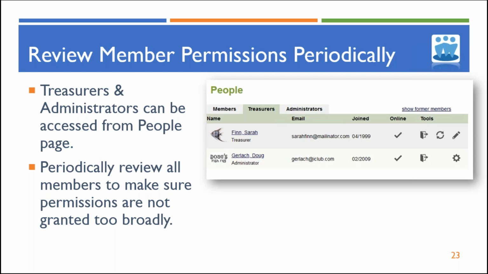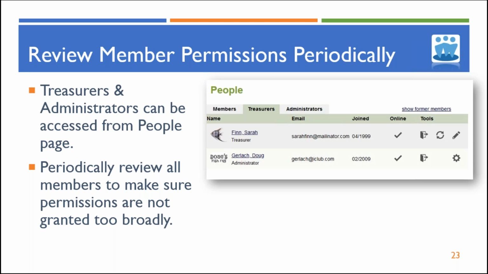The administrator, again, you must have at least one, and we won't let that administrator leave until someone else is set as the club administrator. So there is a little built-in check there, because we don't want you to be in a situation where you can't make changes.